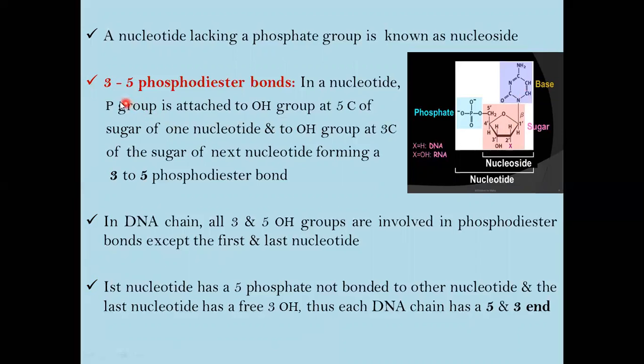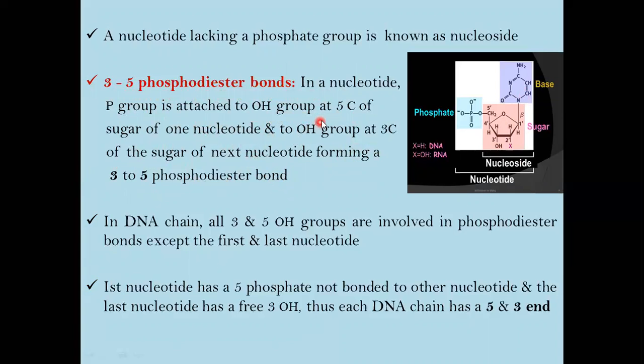So next we will discuss how 3 to 5 phosphodiester bonds occur in DNA and RNA. In a nucleotide, the phosphate group is attached to the OH group at 5 carbon of the sugar of one nucleotide, and the OH group at carbon 3 of the sugar of the next nucleotide, forming a 3 to 5 phosphodiester bond.